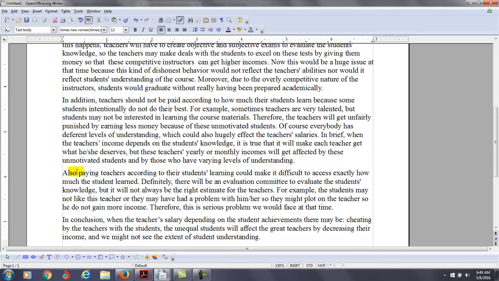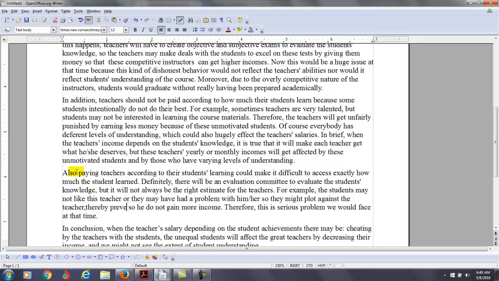Good word. I like the word plot. They might plot maybe against the teacher. Maybe comma. I'd probably say it like this: from gaining more income.